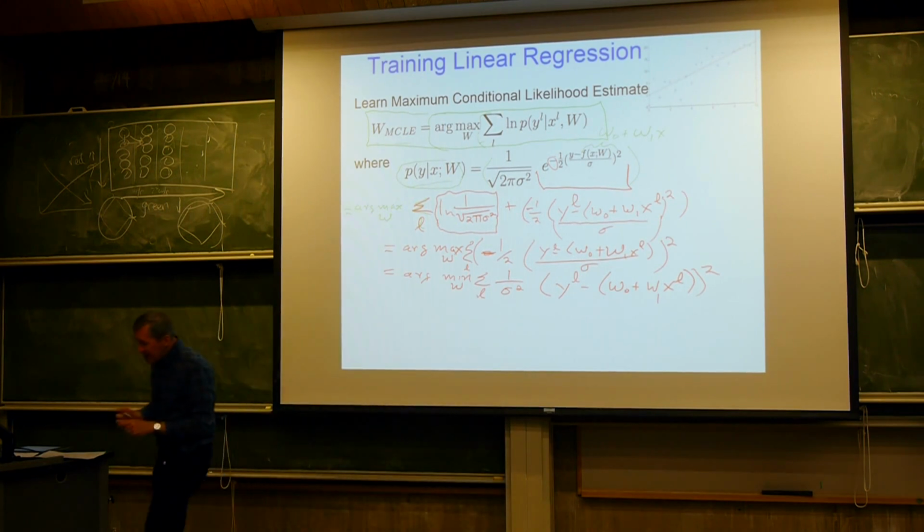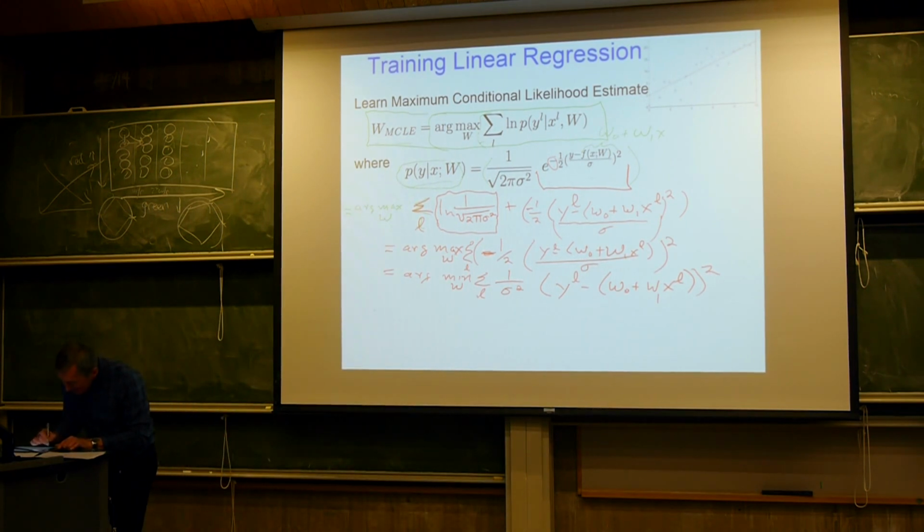And for example, if I want to get the partial derivative of this, I'll call this L of W, the log likelihood of W. If I want that partial derivative of that thing with respect to, say, W1, for example, that's this quantity.